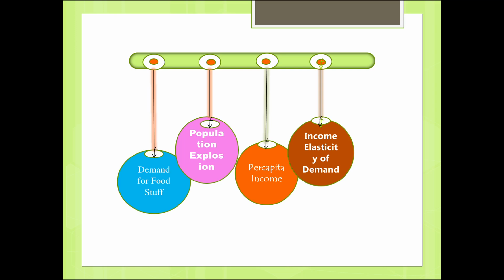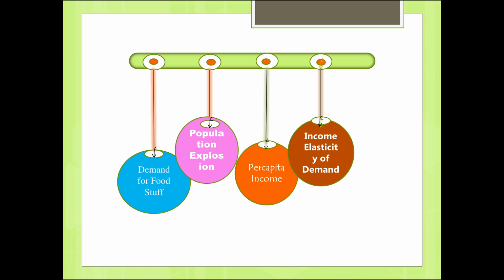The demand for foodstuff is because of population explosion. Any economy moving from underdevelopment to development, or from development to sustained development, generally has a growing population, and because of that there is more demand for foodstuff.